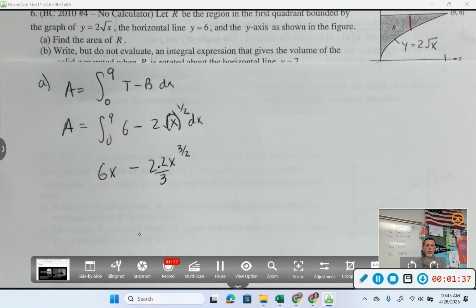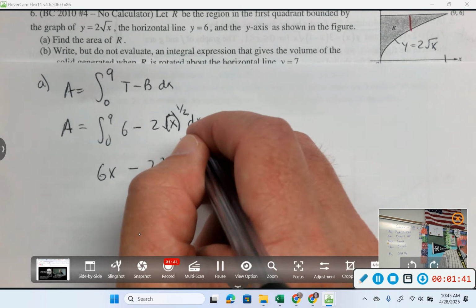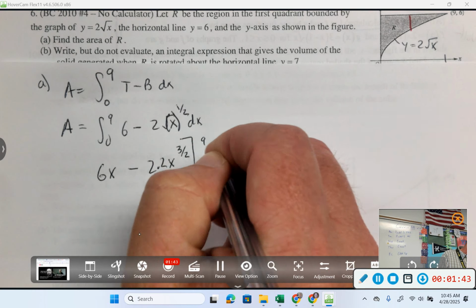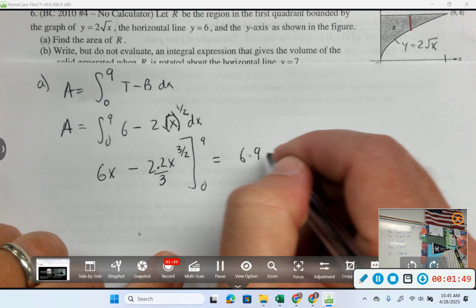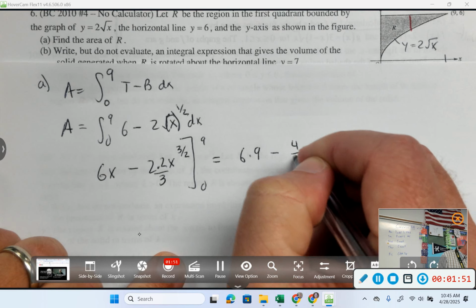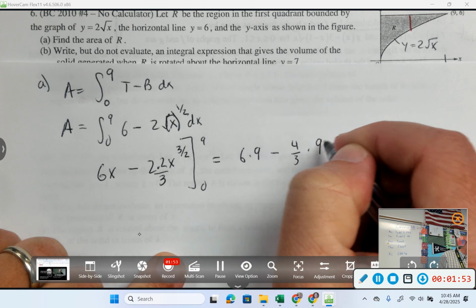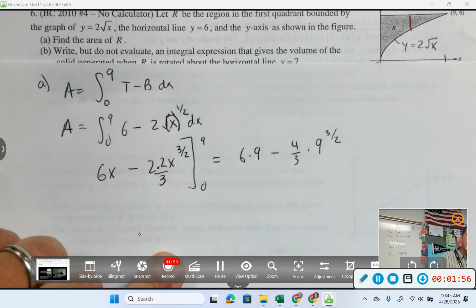Yeah, increase the power by 1, divide by the new power. From 0 to 9, I see a safe stop in our very near future. 6 times 9 minus 4/3, 9 to the 3/2.